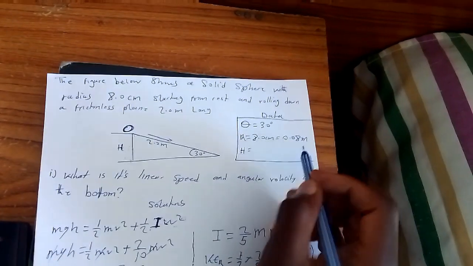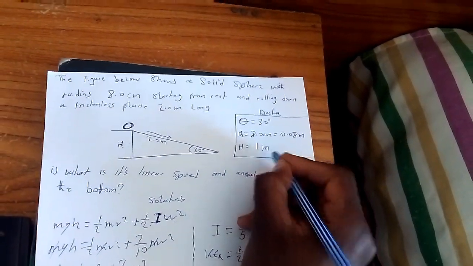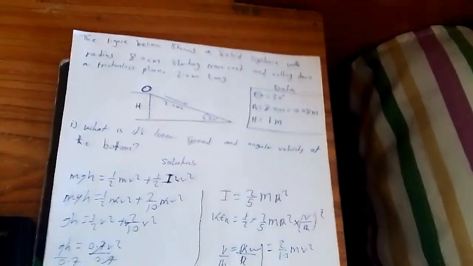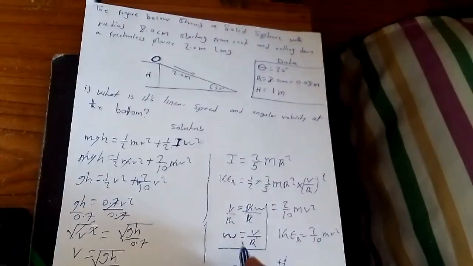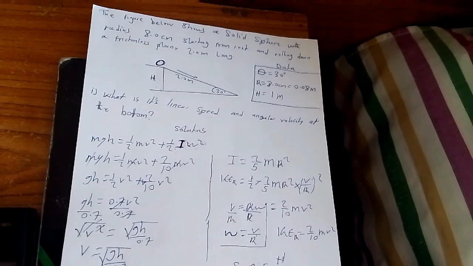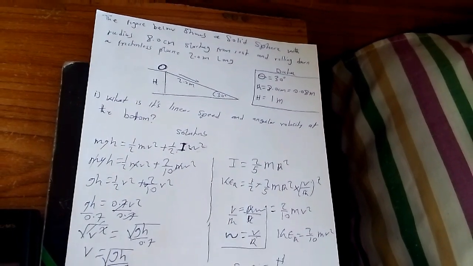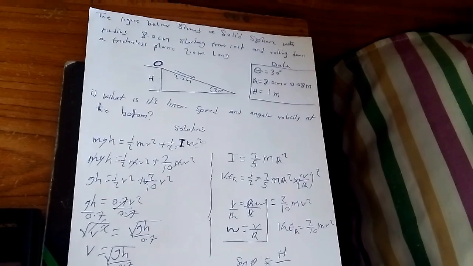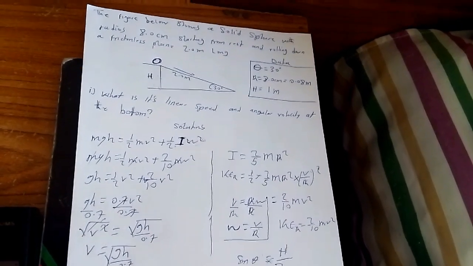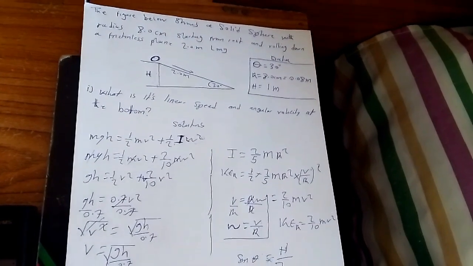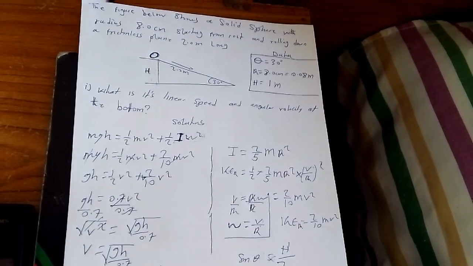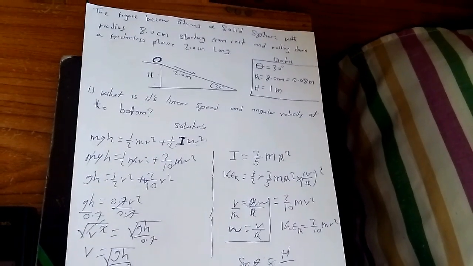So here I converted it, and we'll just substitute here. Omega will be equal to v over r, which is 3.74 over our r, which is 0.08.